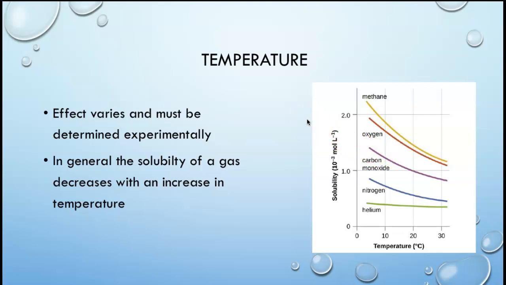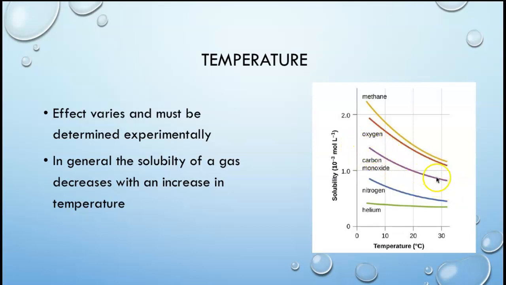Animals that live in water, like fish and certain insects and crayfish and certain aquatic animals, rely on oxygen dissolved in the water to breathe. The amount of oxygen that's dissolved in the water depends on the temperature of the water. So you can see that the amount of oxygen dissolved goes down as temperature goes up.